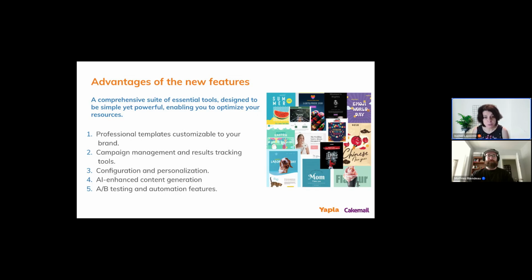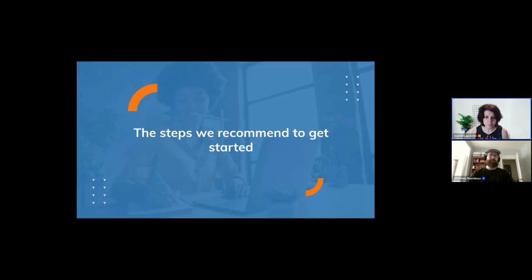Campaign management and results tracking tools, obviously. Configuration and personalization, you will see in this webinar. I will mention personalization a lot. This is something that we truly believe is important. AI-enhanced content generation, which is a nice feature, and A/B testing and automation features, which are more powerful features that are available through the app.